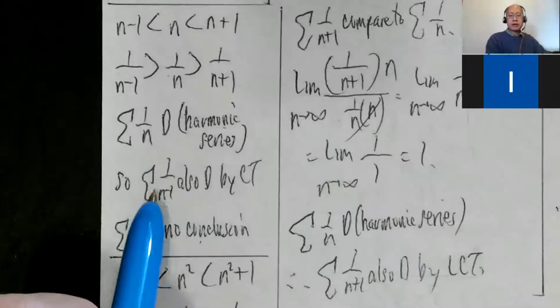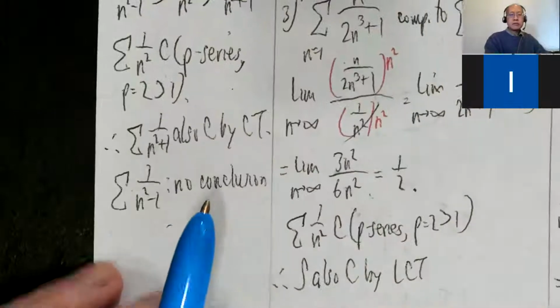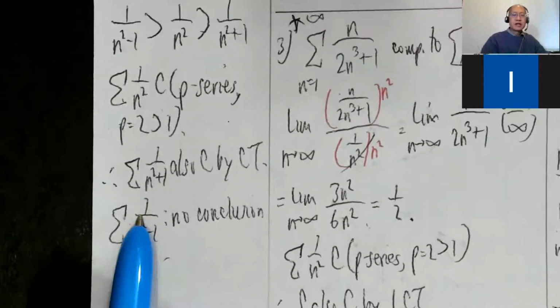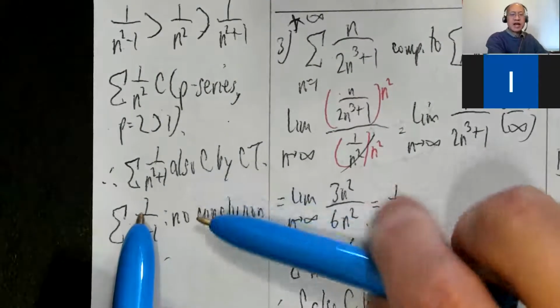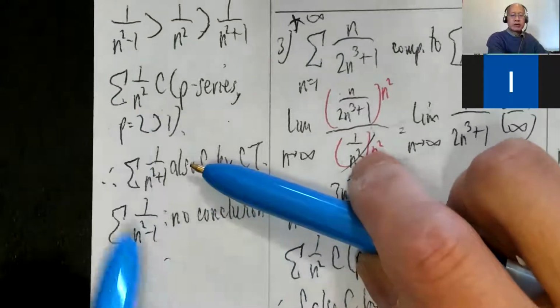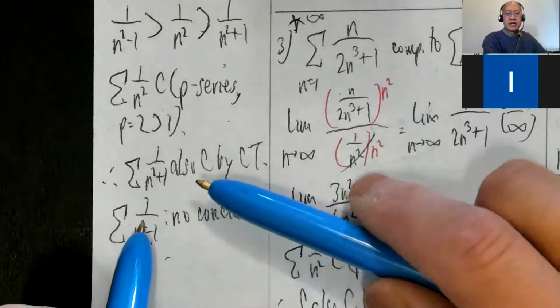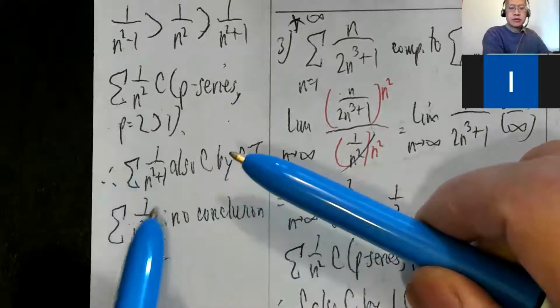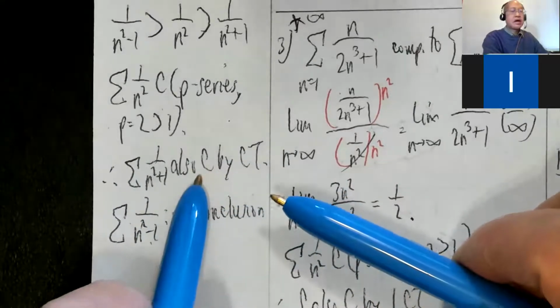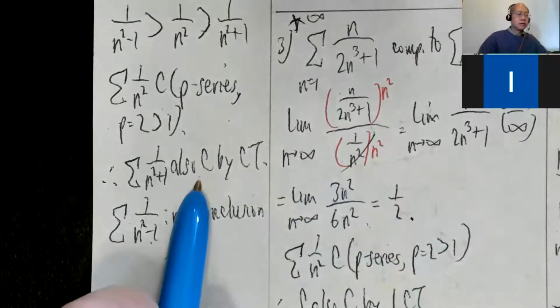I couldn't prove it with the comparison test. Likewise, it feels like this series should still converge because it's kind of like summation of 1 over n squared. That minus 1 doesn't change it significantly. I can't prove it with the comparison test. That's where the limit comparison test comes in.